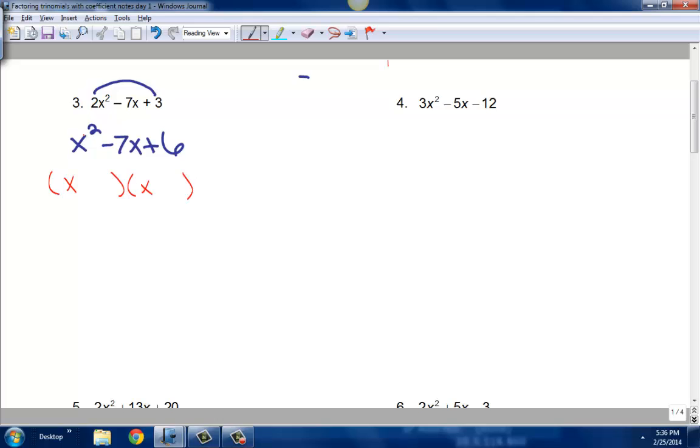Remember, x times x is x squared, and my t-chart will be for the positive 6. I'm looking to get a negative 7. I bet negative 6 and negative 1 would work, because negative times negative is positive 6. Negative 6 plus a negative 1 gives me that negative 7 in the middle.